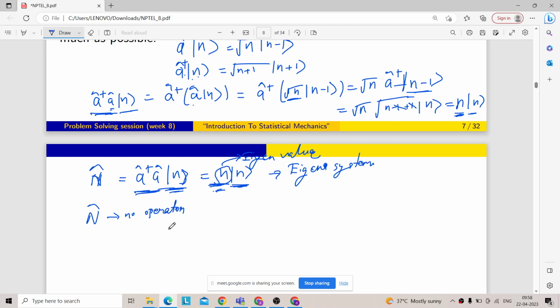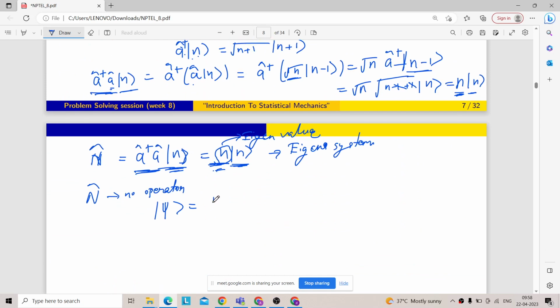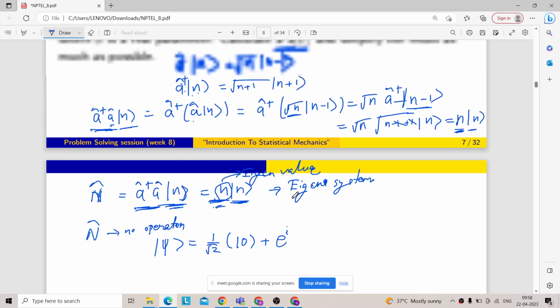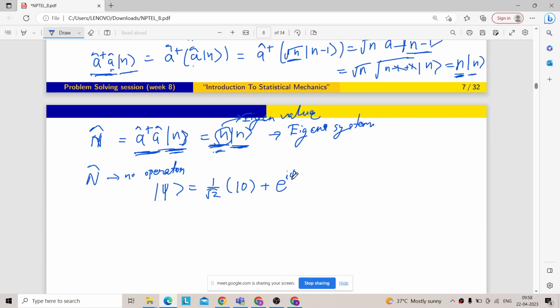So we have a state psi, which is 1 over root 2 times 0 plus e to the power i phi times 1. So in this system there are only two states, 0 and 1, right?